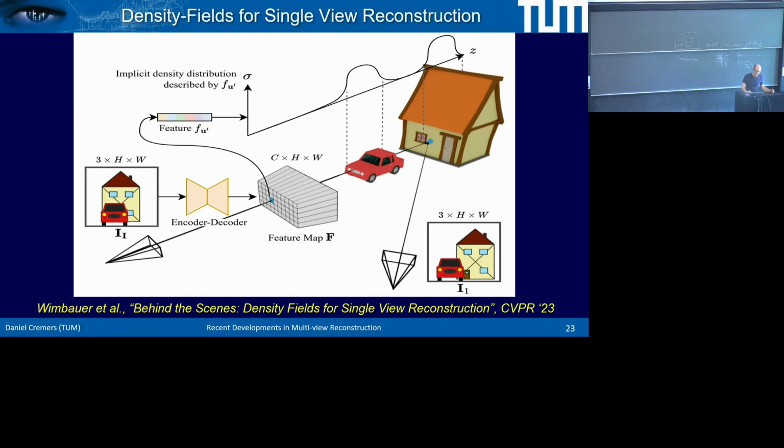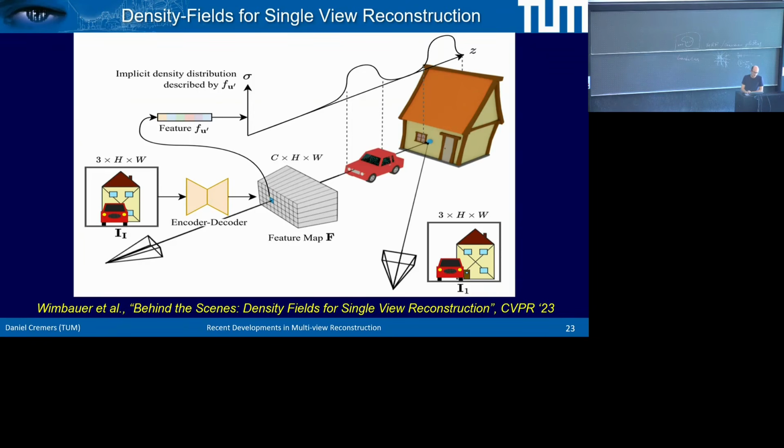Whereas what you can do, and this is what we set out to do in this work called Behind the Scenes, is train something like a density field in an egocentric perspective, and we can train it in a way that it generalizes to new environments. The way this works is a little bit inspired by neural radiance fields in that we also use these rays, and we try to estimate the density along the ray, the material density.